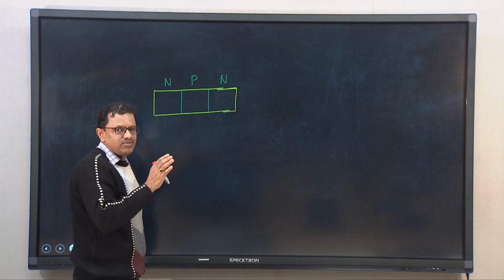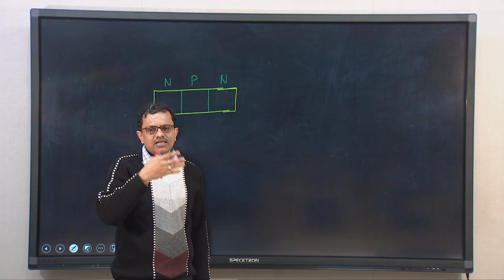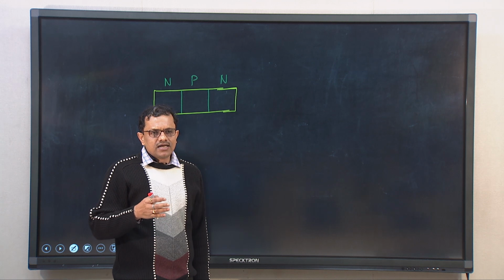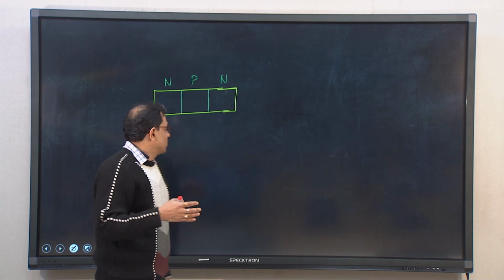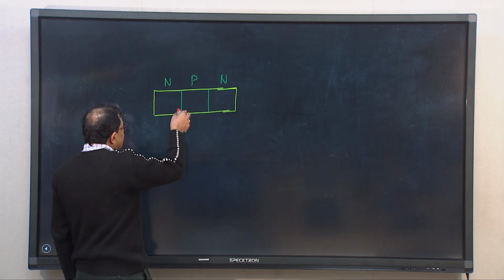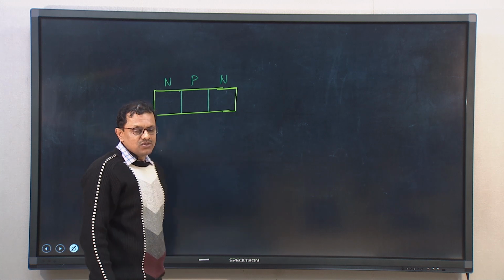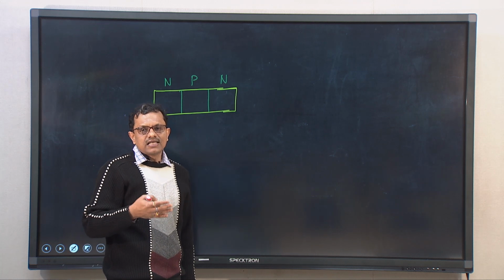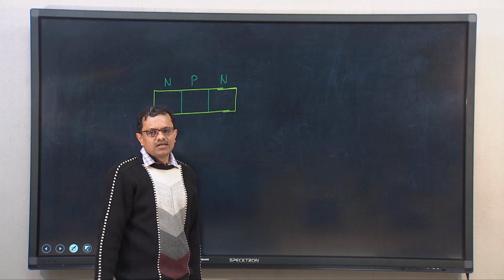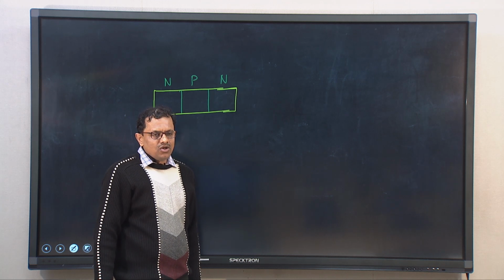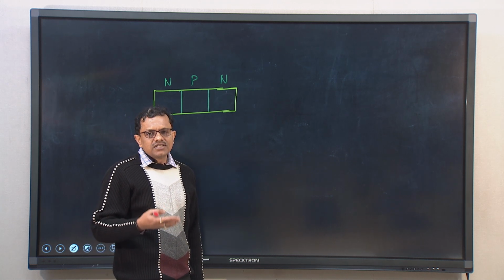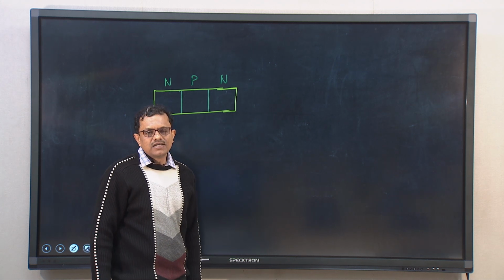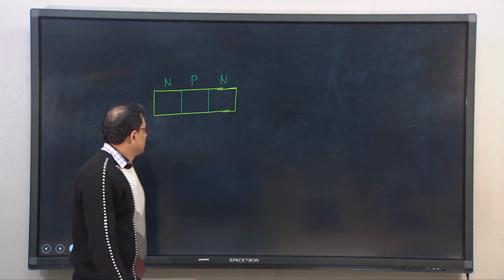Basically there will be some migration, and an equilibrium condition will be reached wherein there will be a barrier. Until that equilibrium state is achieved, that migration will take place. This is the feature of this particular semiconductor device, material property, material characteristics.